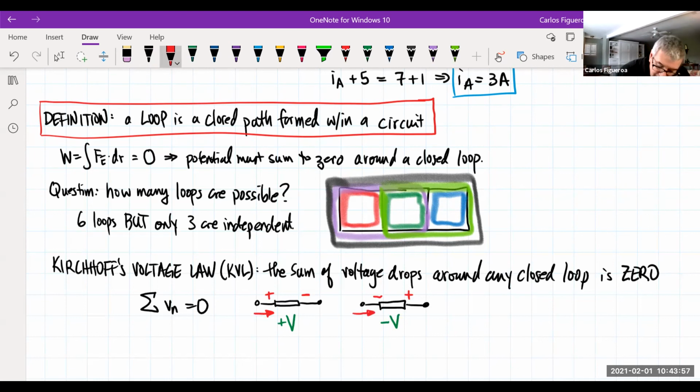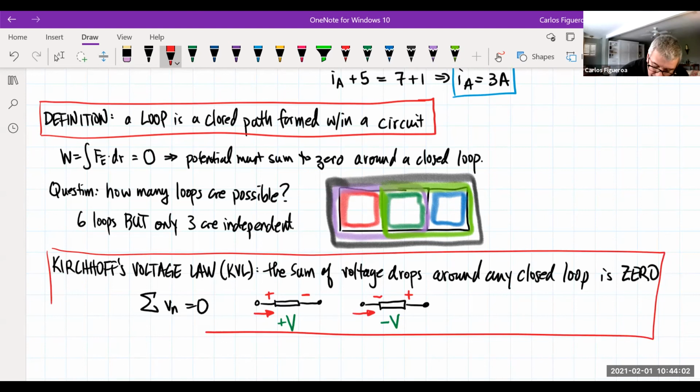And so this is our second Kirchhoff's law.